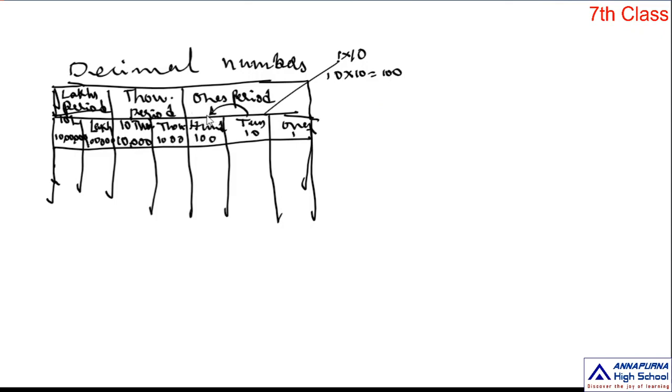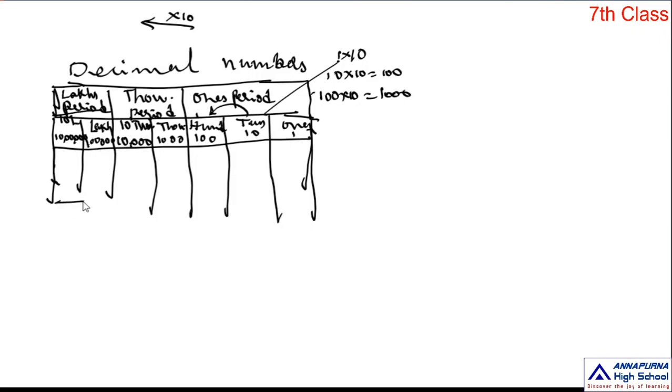Further left, 100 into 10, we get 1000. Like that, if you move towards left, the value is increased by 10 times. That means if you multiply a place by 10, we get the next place.